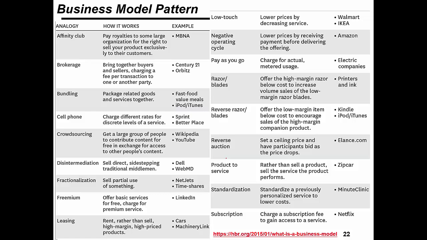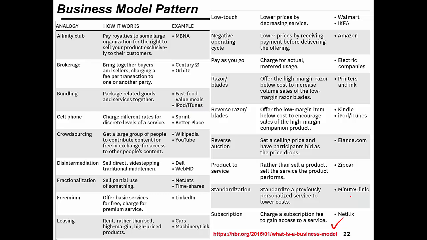When you try to create your business model, you may want to think about several common business model patterns. An article called What is a Business Model has a table listing a set of business model patterns for you to think about.